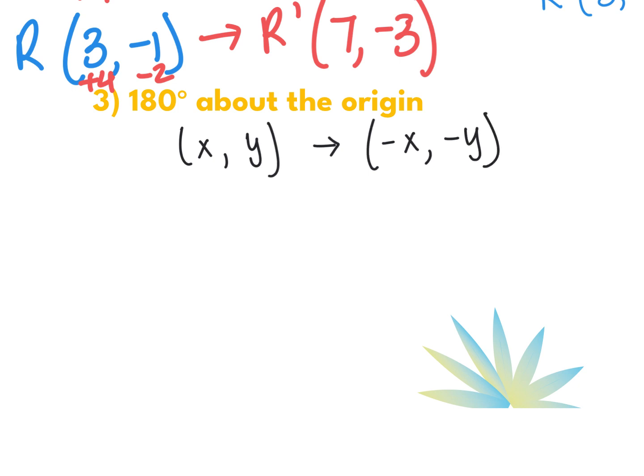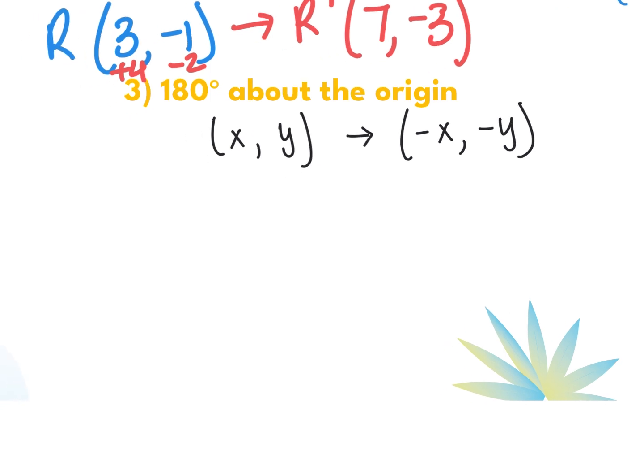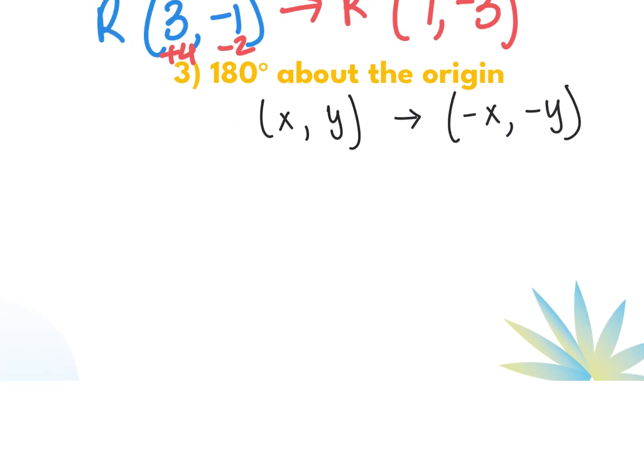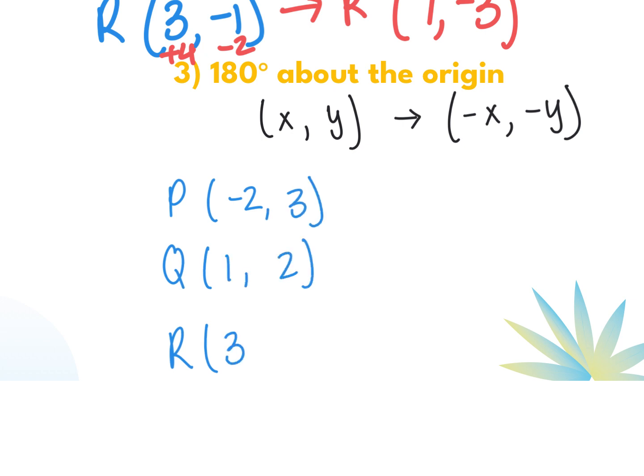If it's 90, you're going to switch them, and if it's 270, you're going to switch them. So doing the same thing, I have P, Q, and R: -2, 3. 1, 2. 3, -1.